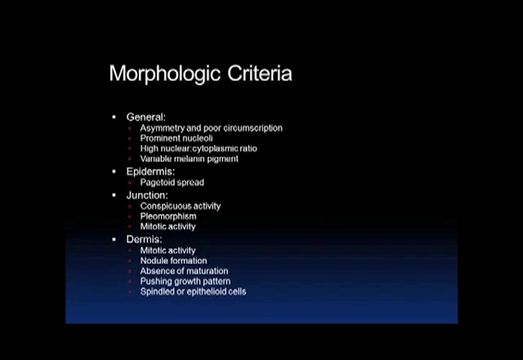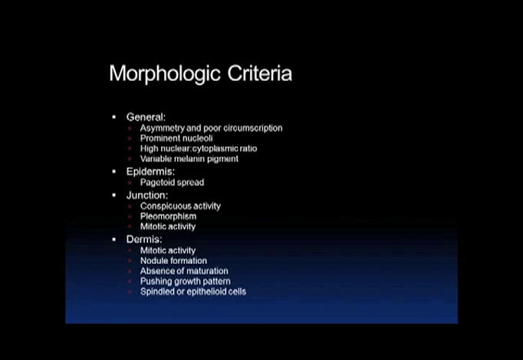Generally, there are certain morphologic criteria that point in the direction of melanoma. Those are general criteria like asymmetry and poor circumscription, prominent nucleoli, high nuclear cytoplasmic ratio, and variable melanin pigment. Importantly, in the epidermis, pagetoid spread. When you talk about the junction, conspicuous activity, pleomorphism, and mitotic activity are of concern.